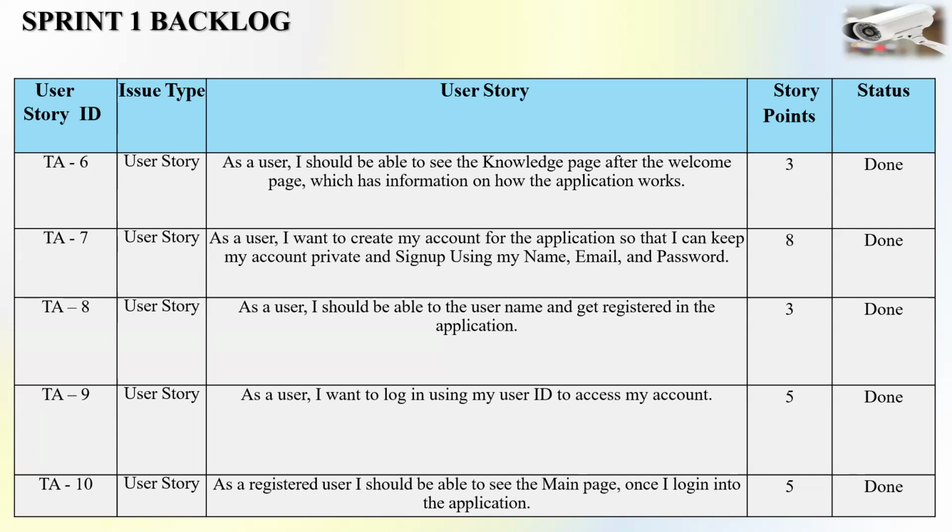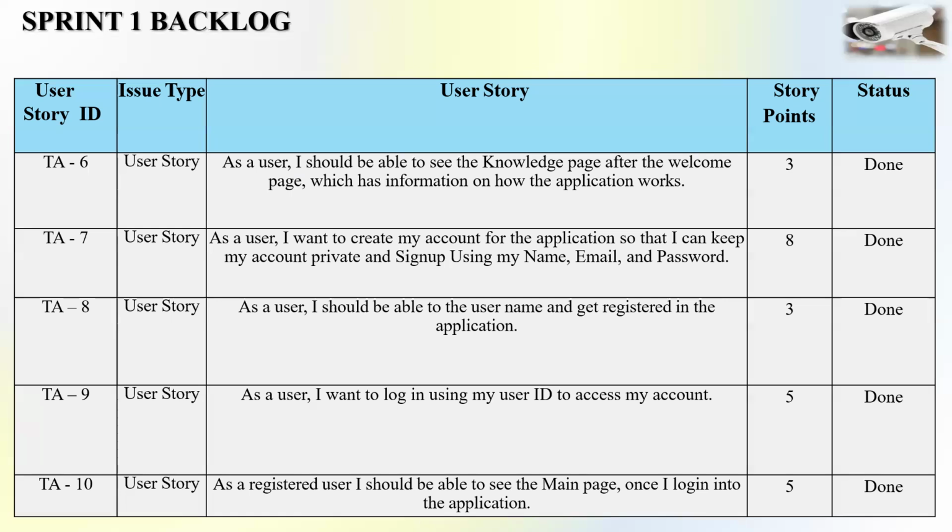So for the next user story, as a user, I want to be able to use the username and get registered to the application. This is also working in our application so we have given 3 story points and marked it as done. So as a user, I want to log in using my user ID to access my account.